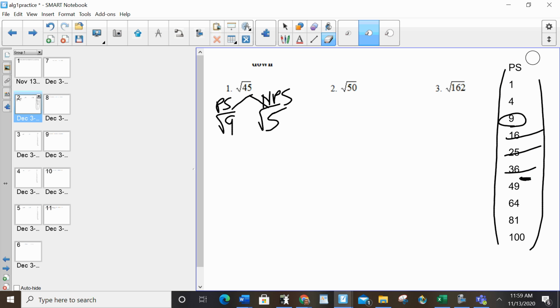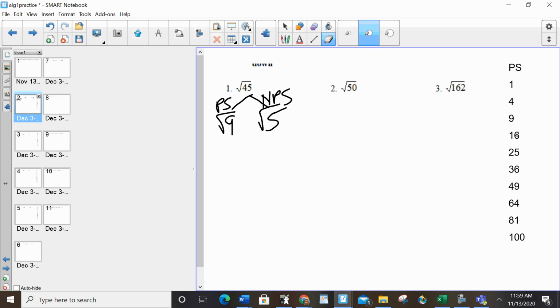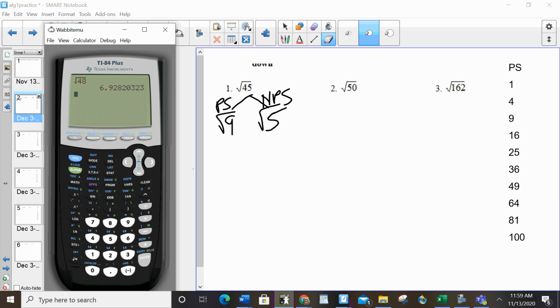Now, if you want to use a calculator, there's a little trick that you can use, and here's how that trick works. We're going to go to y equals. We're going to type in the number I'm reducing, so we're going to type in 45 divided by x. And you should have seen this trick last year in Algebra 1. I'm going to go second graph, which is my table.